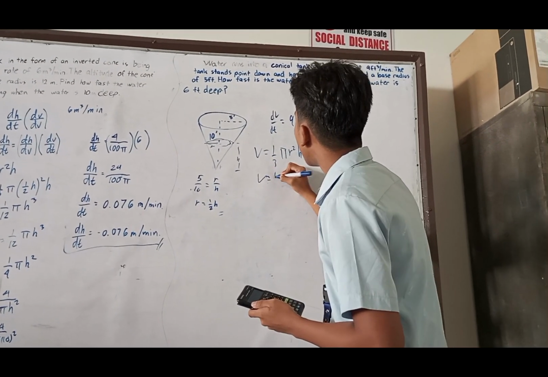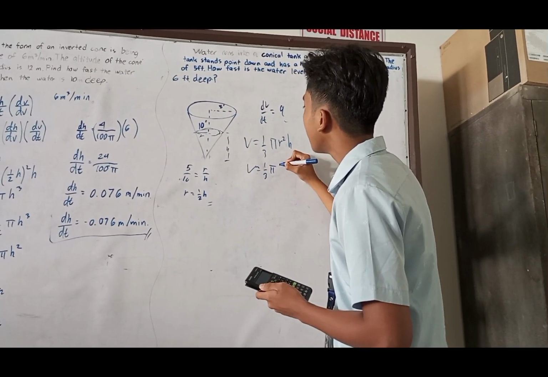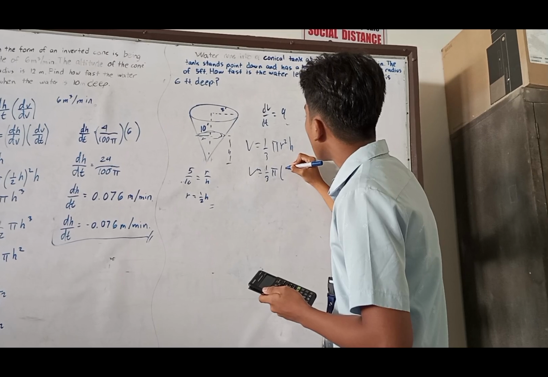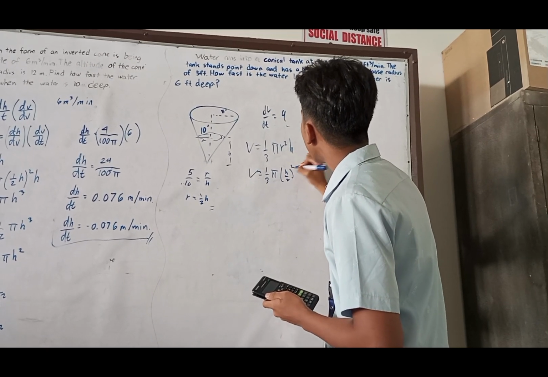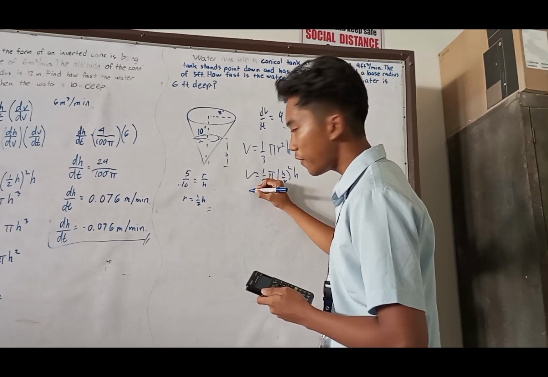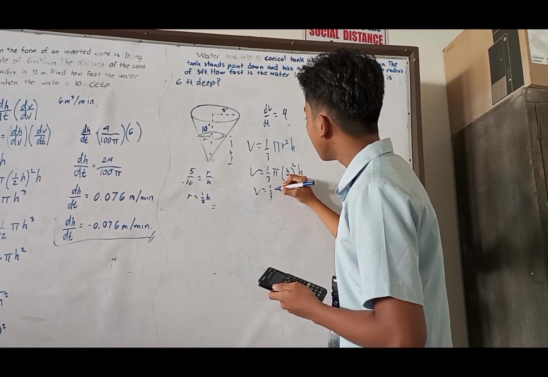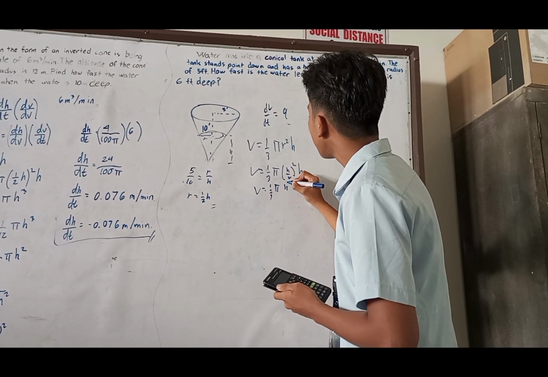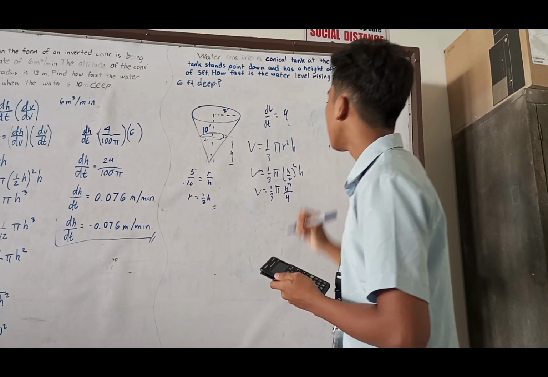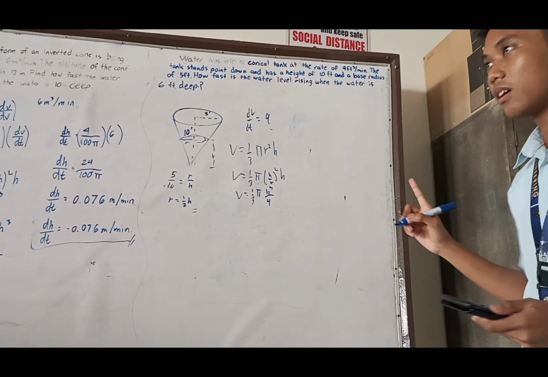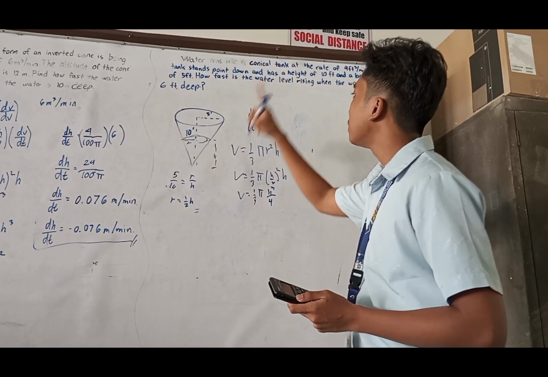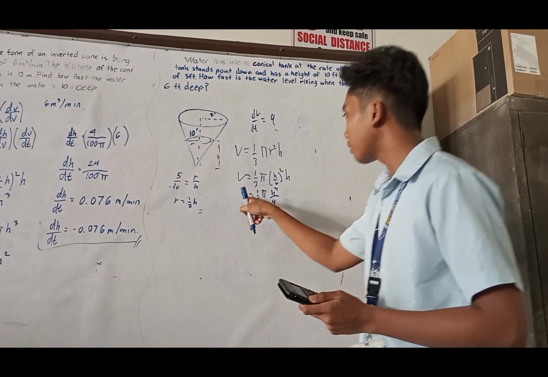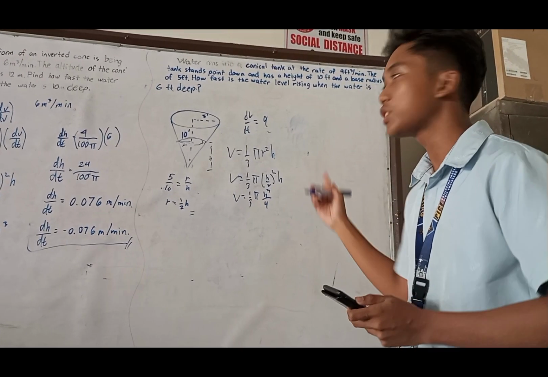V is equal to 1/3 pi times h over 2 squared times h. Simplify, 1/3 pi times h cubed over 4. Then we know that this is dV over dt, so let's make this equation a differential equation.